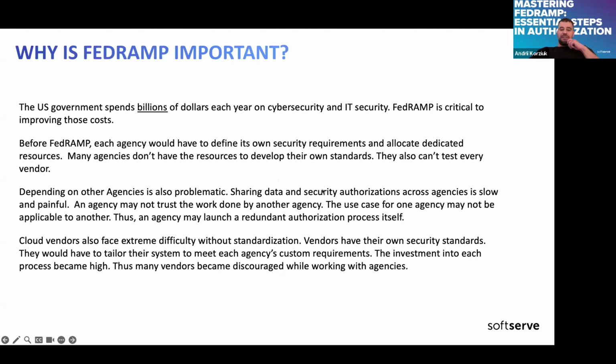Sharing data and security authorization across agencies is slow and painful. An agency may not trust the work done by another agency. The use case for one agency may not be applicable for another. Thus, an agency may launch a redundant authorization process itself.